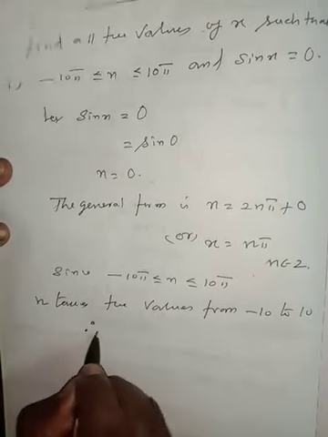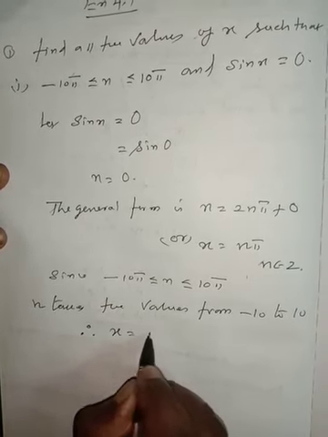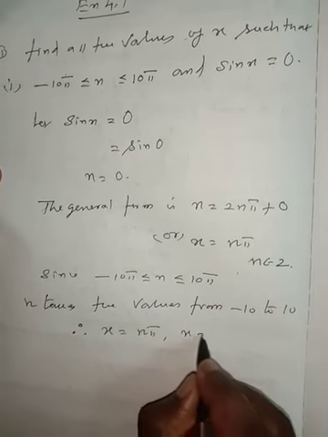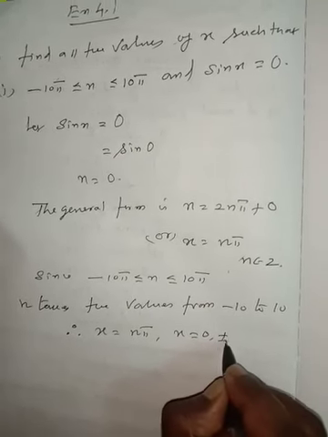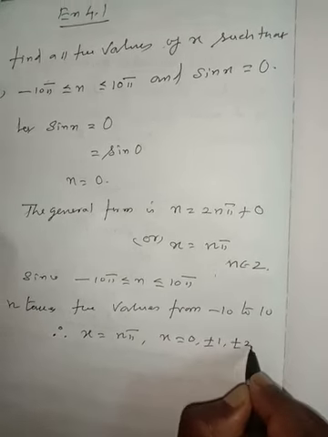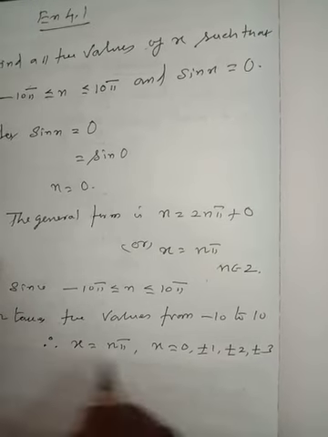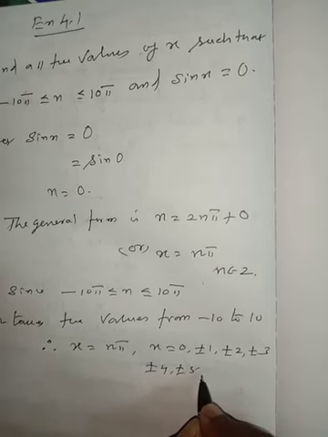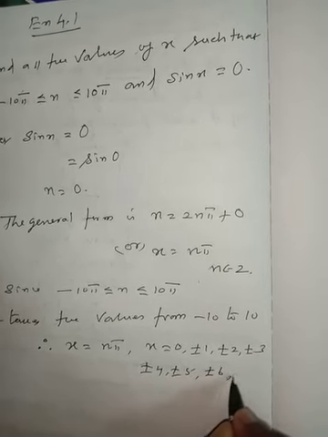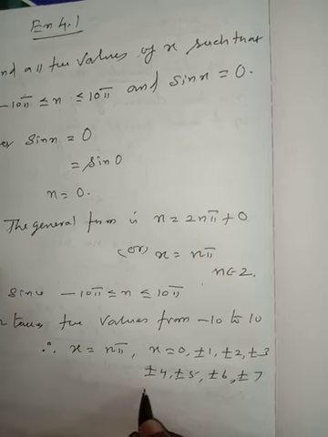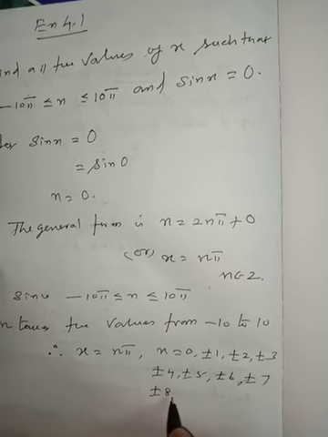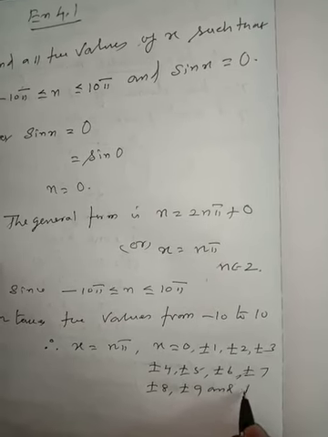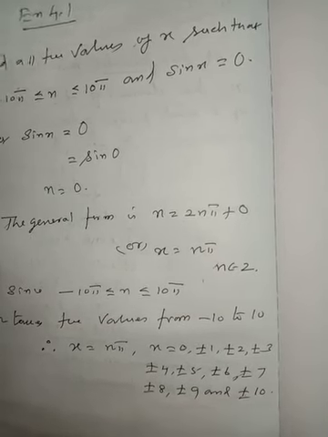Therefore x is equal to n pi, where n varies as 0, plus or minus 1, plus or minus 2, plus or minus 3, plus or minus 4, plus or minus 5, plus or minus 6, plus or minus 7, plus or minus 8, plus or minus 9 and plus or minus 10.